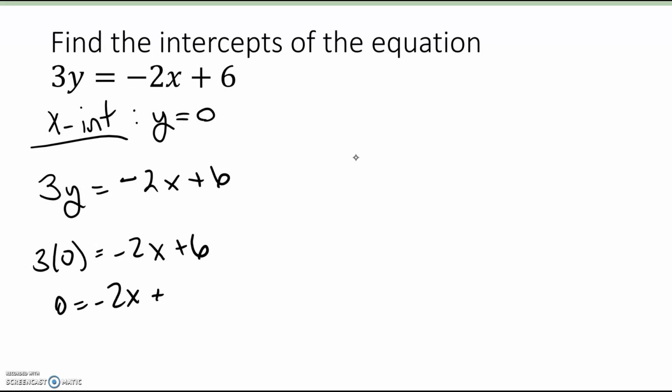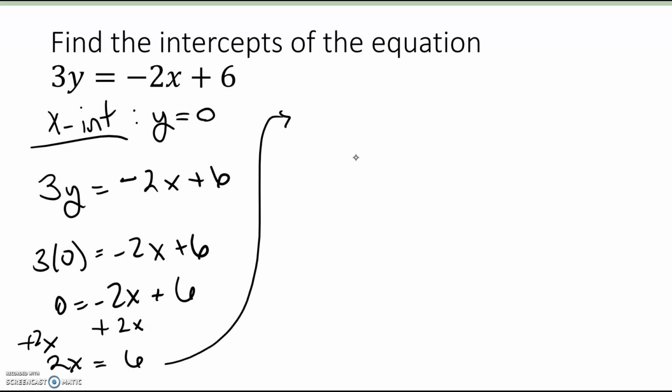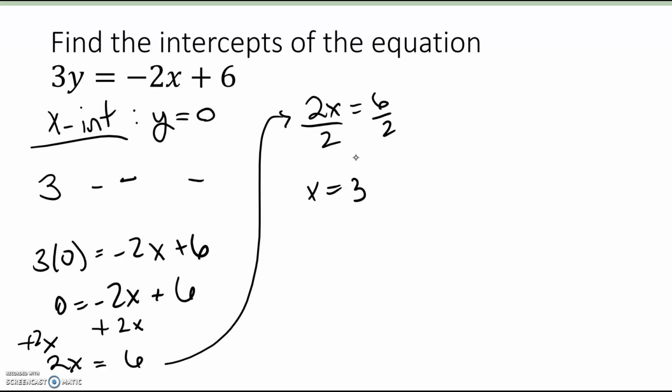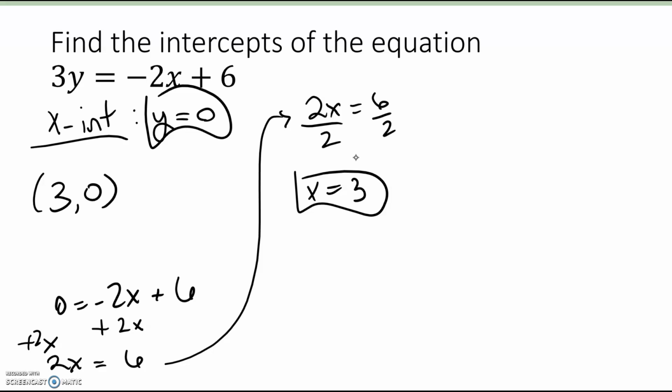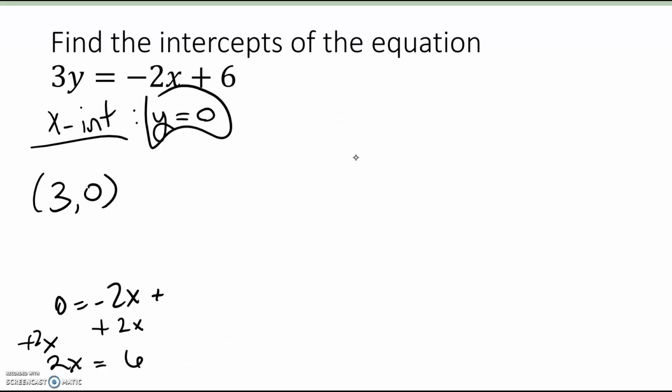I'll move the 2x over to get rid of that negative, so 2x = 6. Divide by 2 to get x all by itself, so x = 3. To write our ordered pair, y is 0 and x is 3, so (3, 0) is our x-intercept.